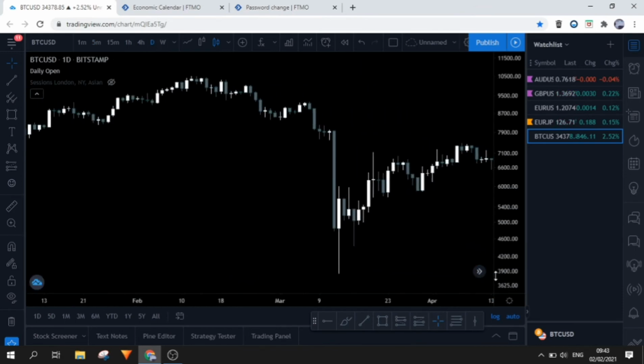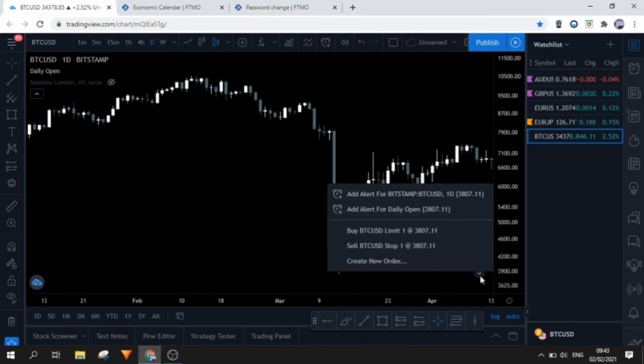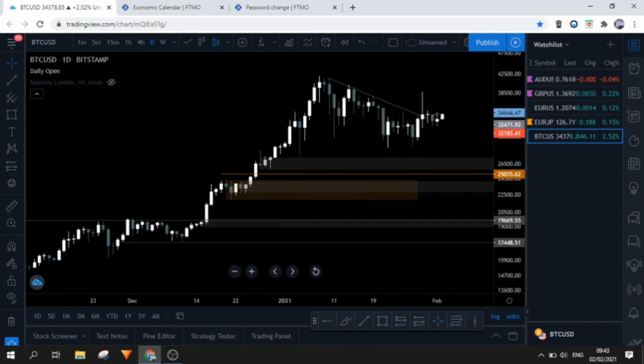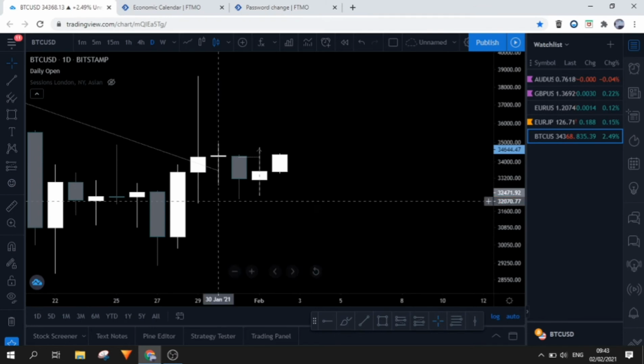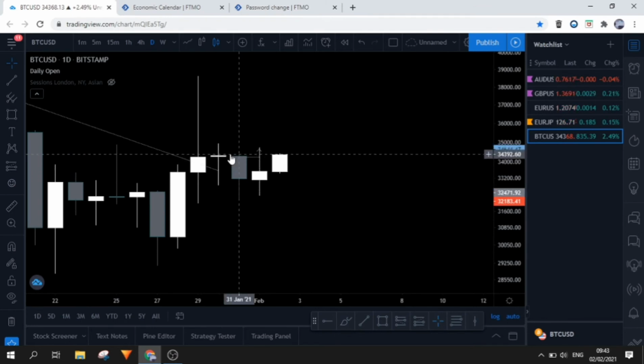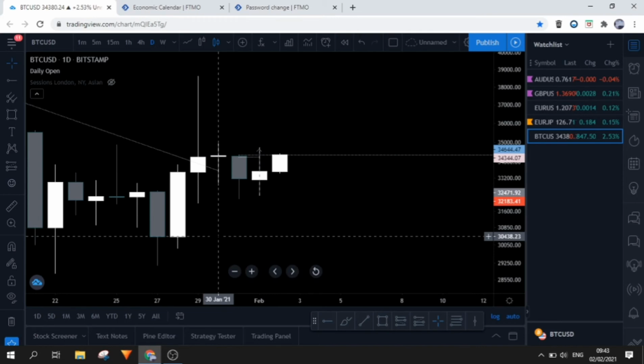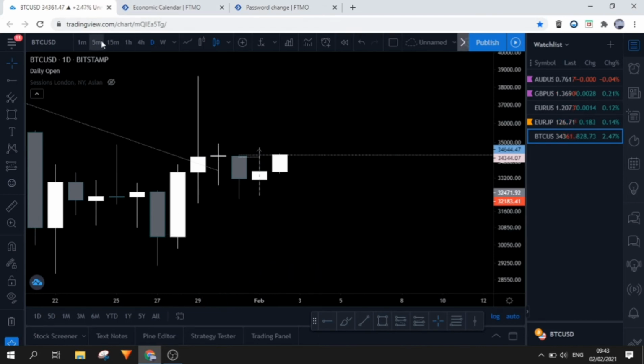know that liquidity rests above and below daily highs and lows. So I labeled out my daily highs and lows, and for the previous day we can see that that was the high. Let me just draw it out there. That was the high of the day. I'm not going to label it low because we were bullish.